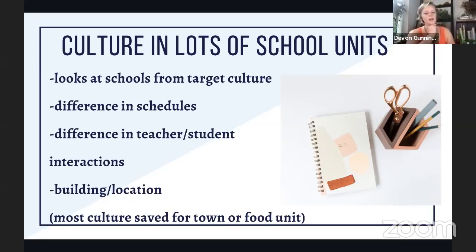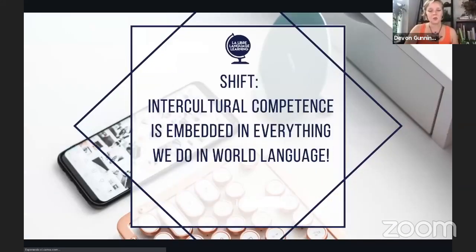But I would say that because of this, lots of culture is usually saved for maybe a town or a food unit, because it's just so much easier to pull pieces out. But I wanted to pick school specifically today because there are ways that you can use ICCs in a school unit.